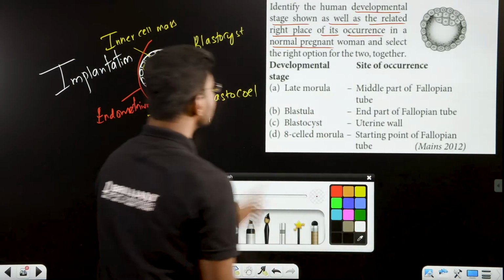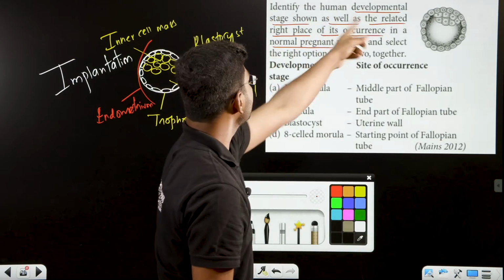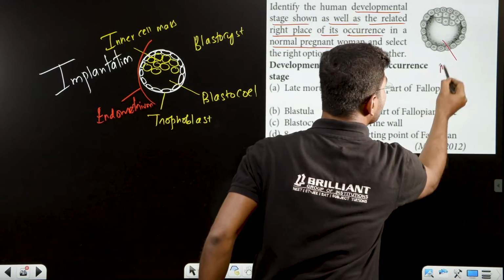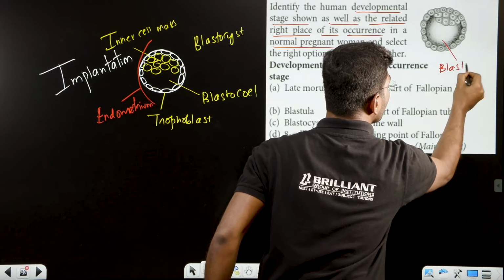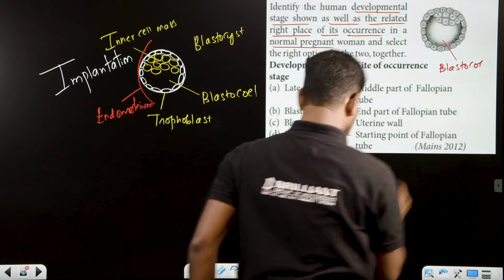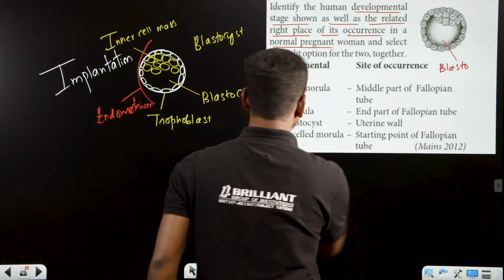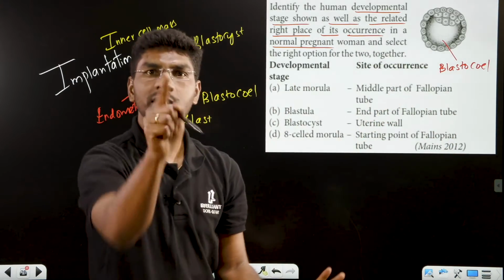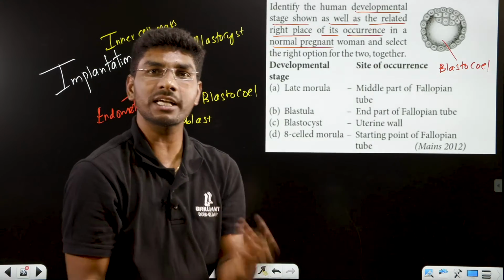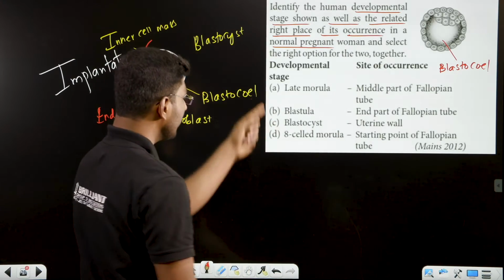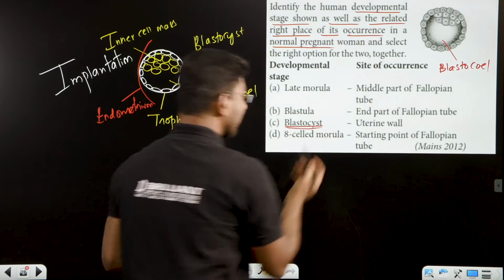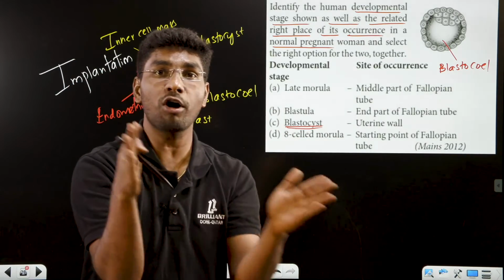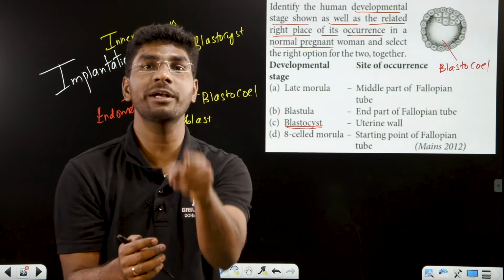So look at the question. The question tells us to identify the human developmental stage shown. Sir, the cavity is there. This cavity is called blastocele. So whenever the blastocele is there, that structure is called the blastocyst stage. Pick up the correct answer. Blastocyst is there, but when the blastocyst is formed, the right place of attachment is the endometrium of the uterus.